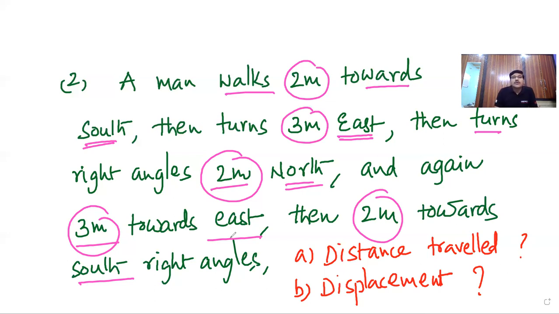Okay, so here, let us solve this problem. Suppose these are the general directions that I am showing. This is east, this is west, north, and south.